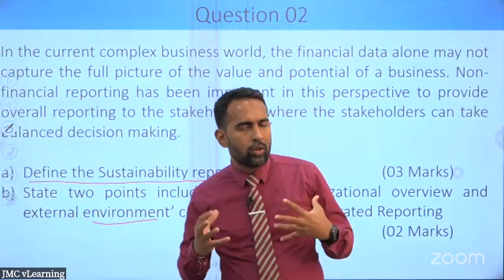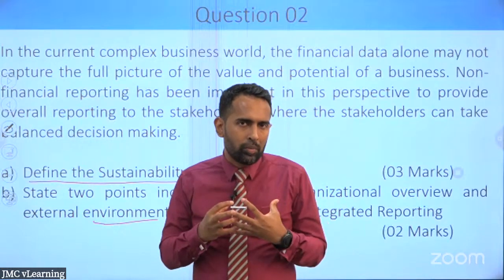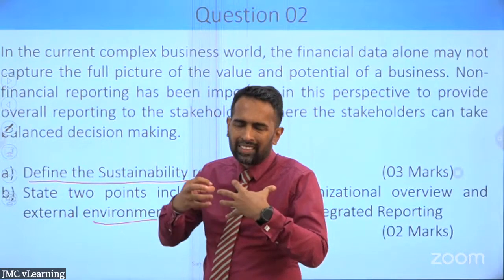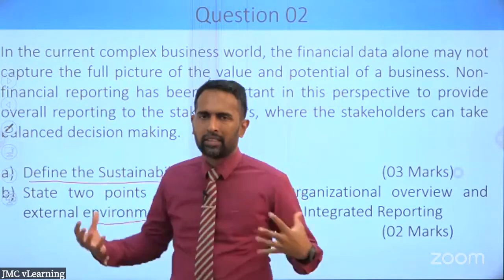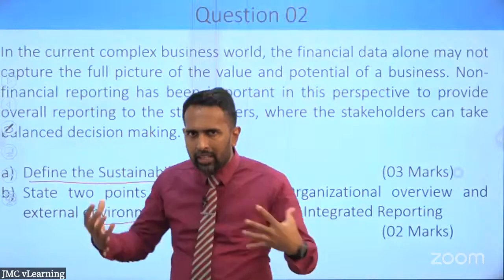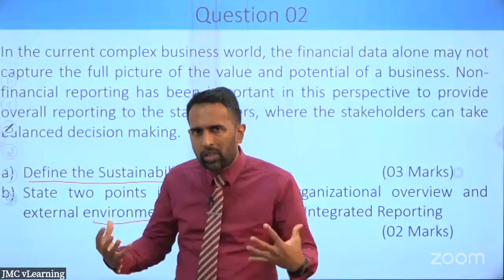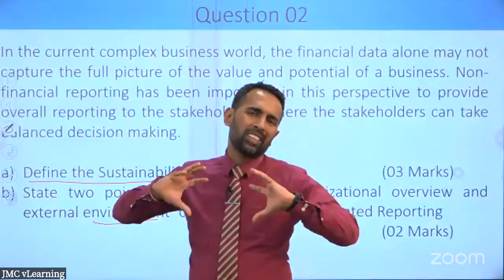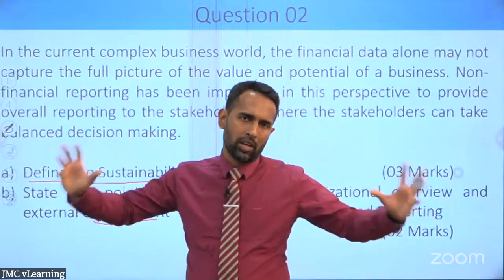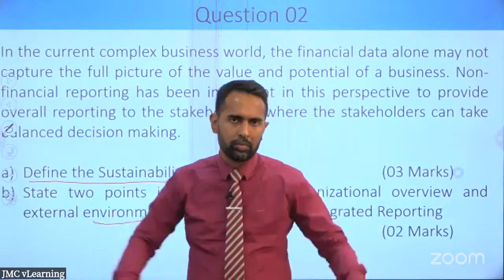So the stakeholders need to be given information about how a business is serving the people at large, the people factor: the society, the employees, the customers, the suppliers. How a business is treating people, the societal impact of a business.